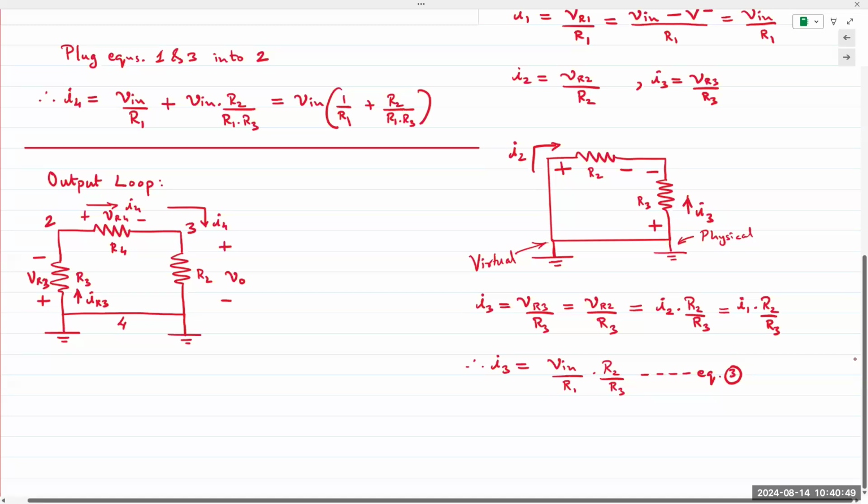Okay, so now we are ready. This is the output loop. Actually, take 5 seconds. Think about how we arrived at this loop. Does that make sense? Any questions?